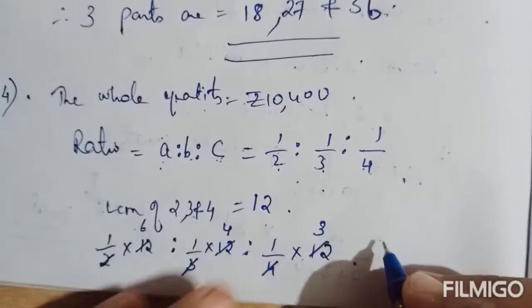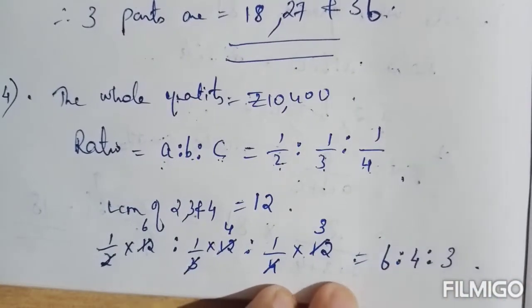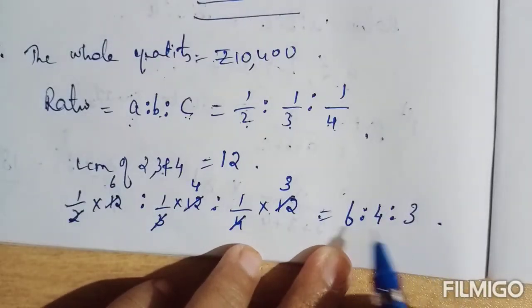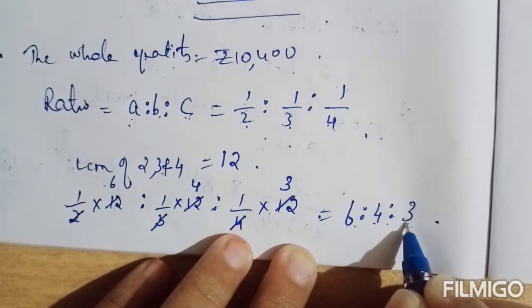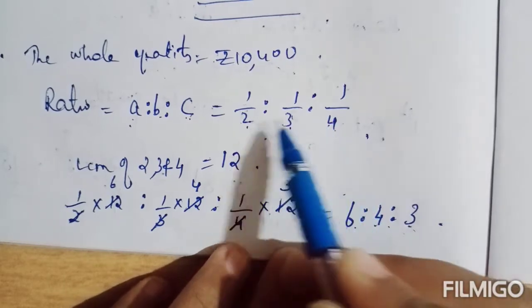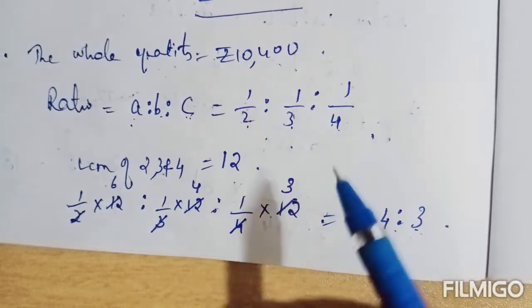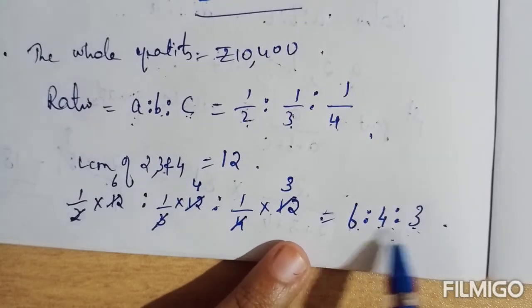So what is the ratio? 6 is to 4 is to 3. Okay, we can take this ratio as A is to B is to C. This is A is to B is to C form. We have converted this type ratio in fractional form to integers form. Okay, simplest form.